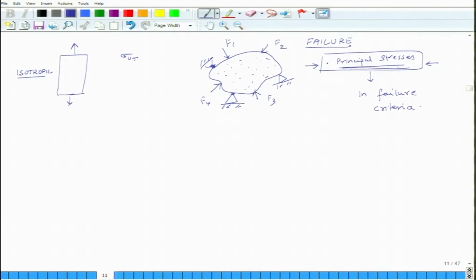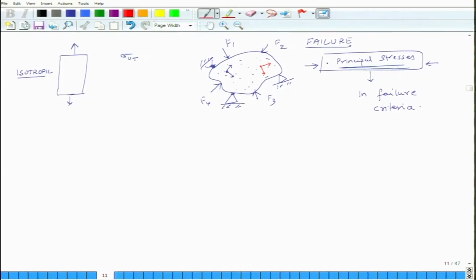Now, we can use principal stresses in the context of isotropic materials. The principal stresses may be in these three directions. Principal stresses are always normal to each other. So, at every point you will have a set of principal stresses. Here they may be aligned like this, at another point they may be aligned like this, at a third point they may be aligned like this, right.